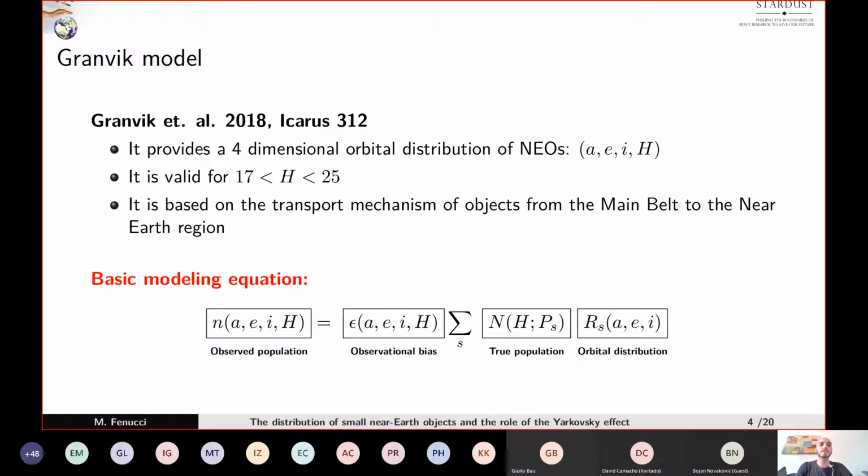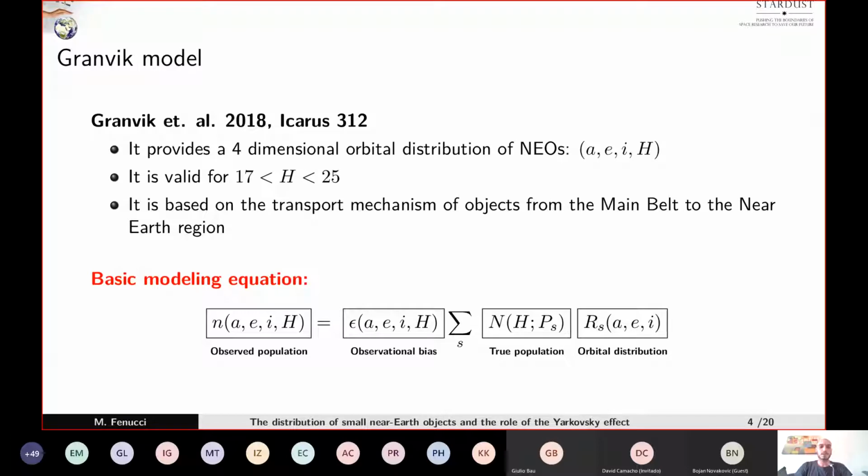The model by Granvik provides a 4-dimensional orbital distribution of NEOs in semi-major axis, eccentricity, inclination, and absolute magnitude, and it is valid for magnitudes between 17 and 25. So it doesn't go to very small sizes. Moreover, it is based on the transport mechanism of objects from the main belt to the near-Earth region, which I'm going to introduce next.